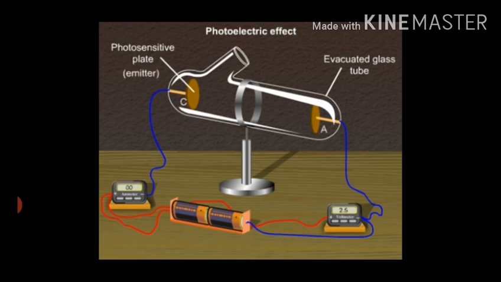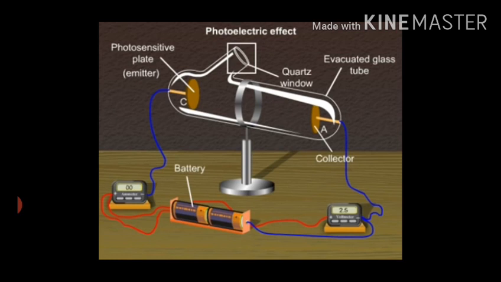So as you can see, the emitter and the collector are attached to a battery that maintains a potential difference between the plates. And can you see that there's a small window that opens up into the glass tube? It's a transparent quartz window which permits ultraviolet radiation to pass through it and irradiate the emitter.